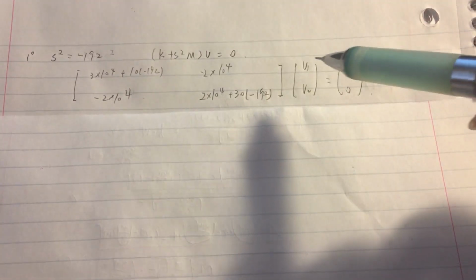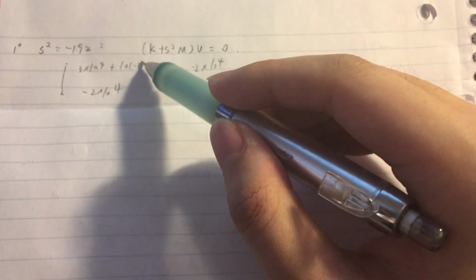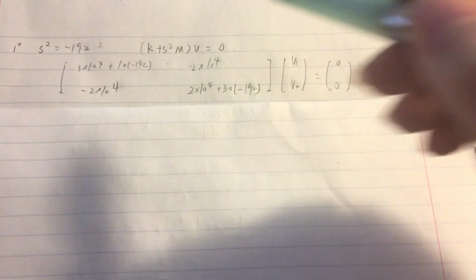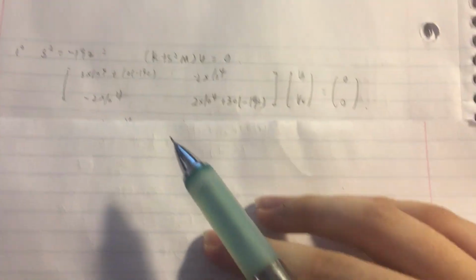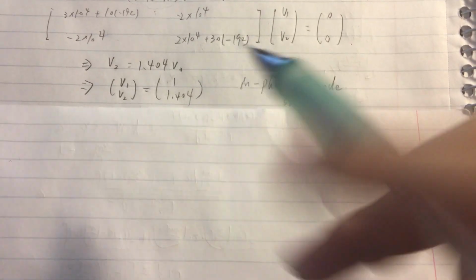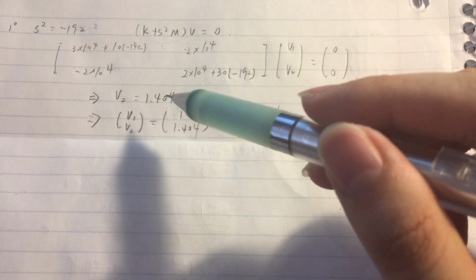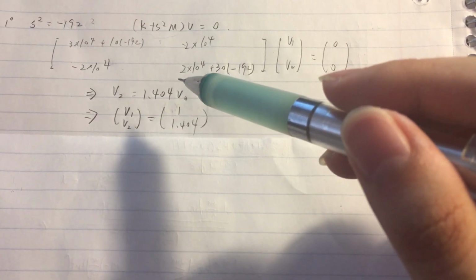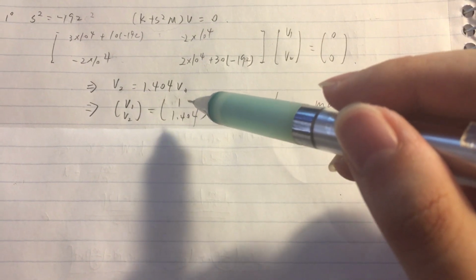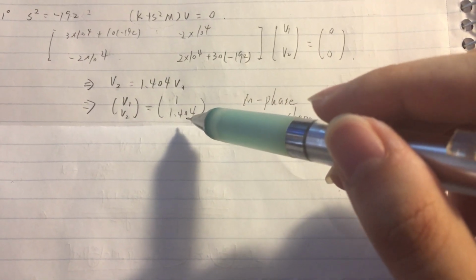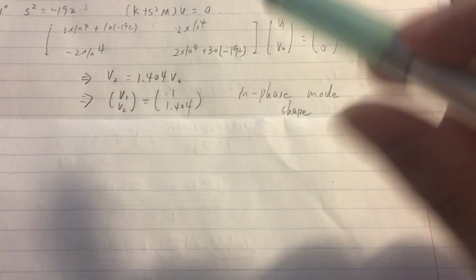We plug s squared into this part, and we get an equation in v1 and v2 equal to 0, so we get the relationship between v1 and v2. v2 equals 1.404 times v1, so we define v1 as 1 and v2 equals 1.404, and this is the in-phase mode shape.